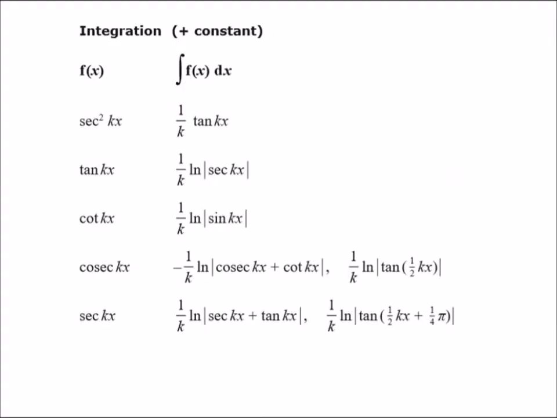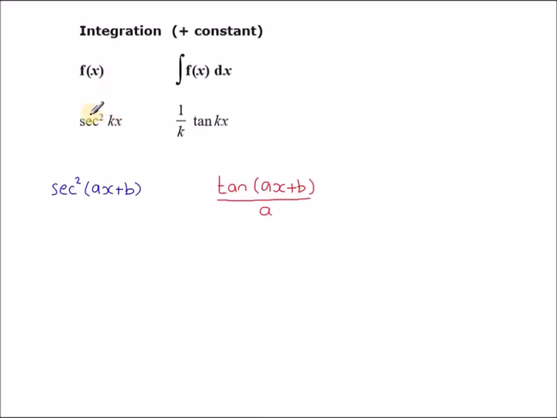Now the remaining trig functions are in the formula book, and we can modify these slightly to have ax plus b for the angle instead of just kx. So as an example, if we look at secant squared and we're integrating, I can modify the formula here to secant squared ax plus b, and that will give tan, same angle, ax plus b, and once again we're dividing by the coefficient of x, and this is slightly more useful than the one that's in the formula book.